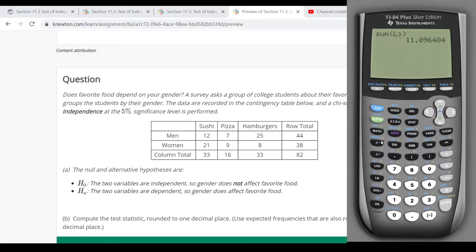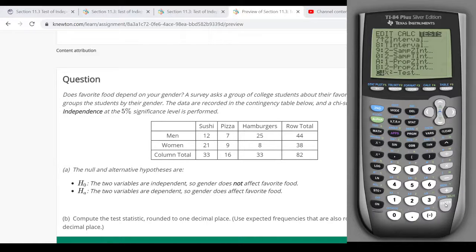And then to get the test statistic, again, it's going to be a more accurate test statistic. We're going to run a chi-squared test on the calculator. Hit the stat button, go over to tests, and then scroll down until you see chi-squared test, which I think is at C. There it is.